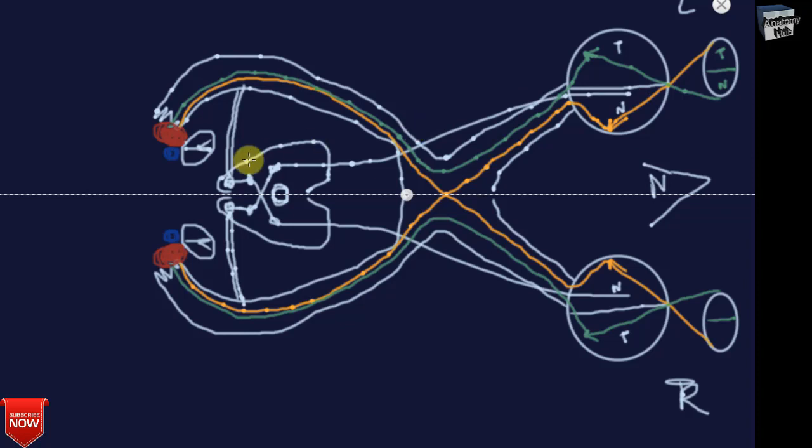Now here you have to think that there are some uncrossed fibers and some crossed fibers.